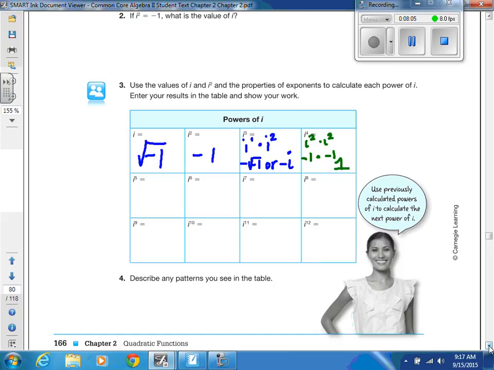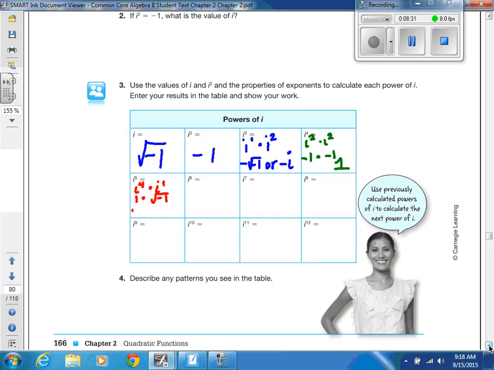All right, let's look at i to the fifth. I'm going to break it up into i to the fourth times i to the first power. What's i to the fourth? And i to the first power? Okay, what's 1 times that?